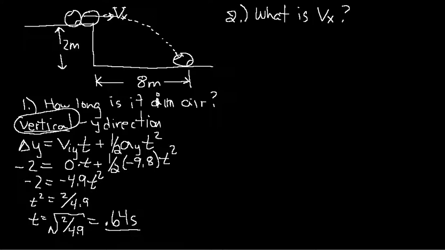That's the initial velocity. In this case, the initial velocity only has one component, so it's v sub x. How do we figure that out? I'll let you stop this video and go and see what you can do with it, and then come back and we'll work it.